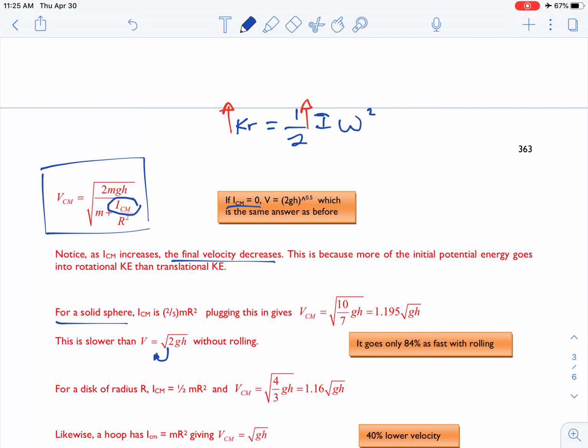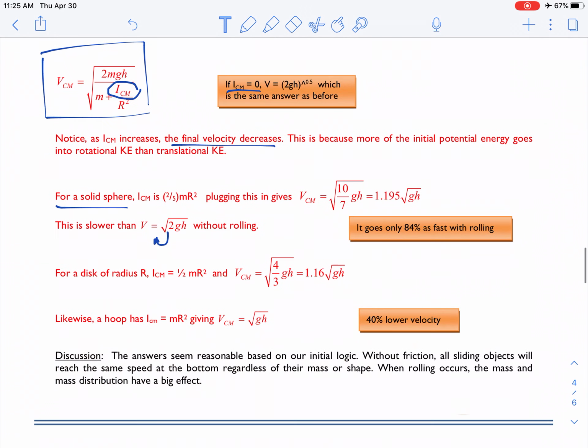As you can see, since there was rolling, and we used some of the initial potential energy also for rotational kinetic energy, the translational velocity dropped compared to part A. Hopefully that's clear.